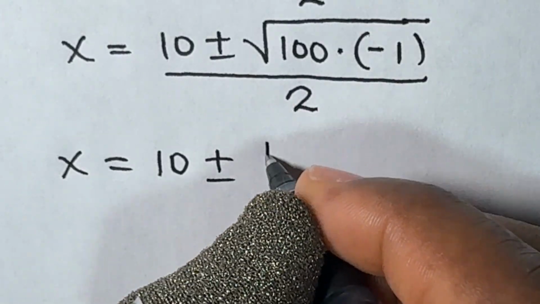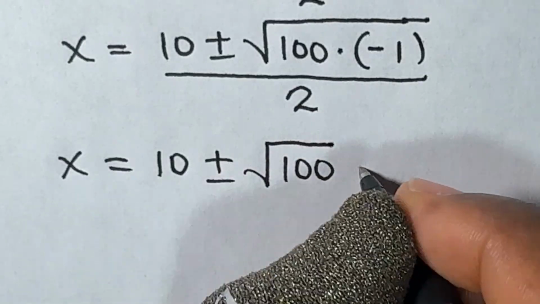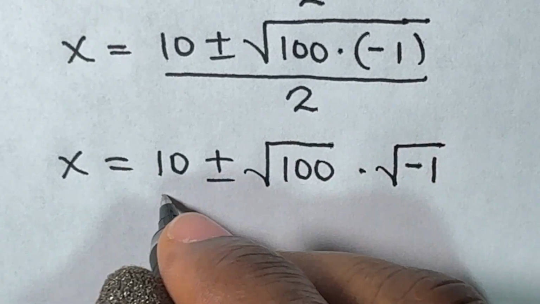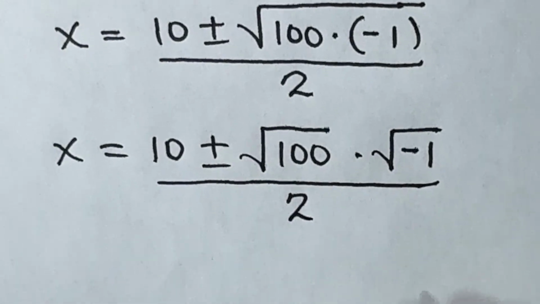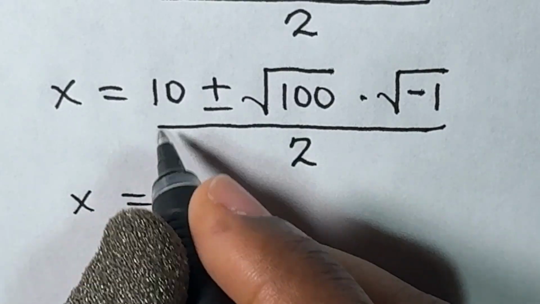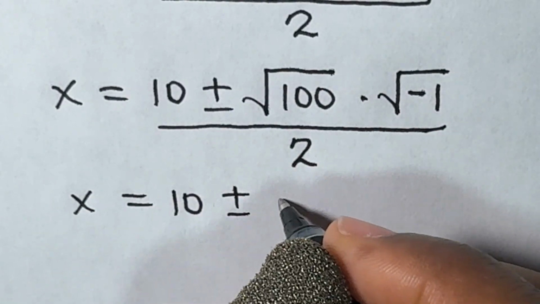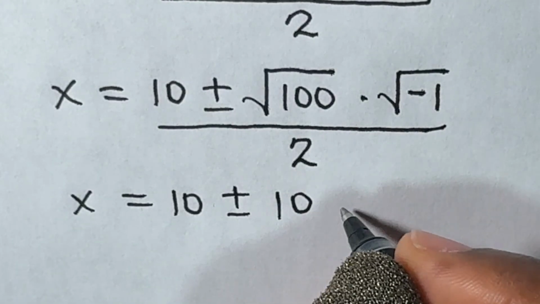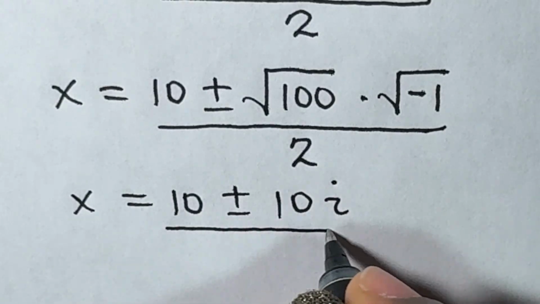I can break this down into square root of 100 times square root of negative 1. Then both divided by 2. Giving us x is equal to 10 plus or minus square root of 100 is 10, and square root of negative 1 is going to give us i, then divided by 2.